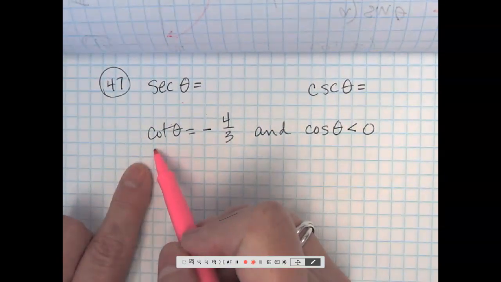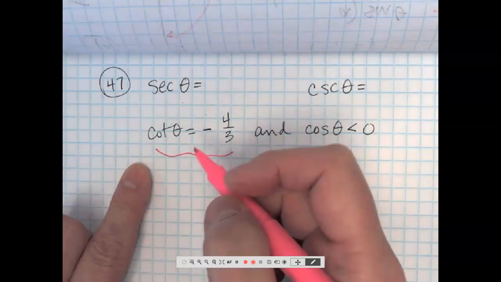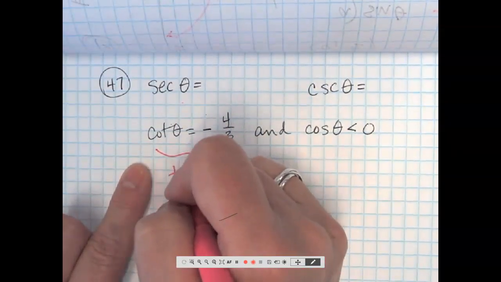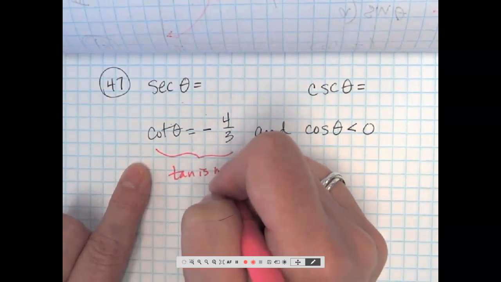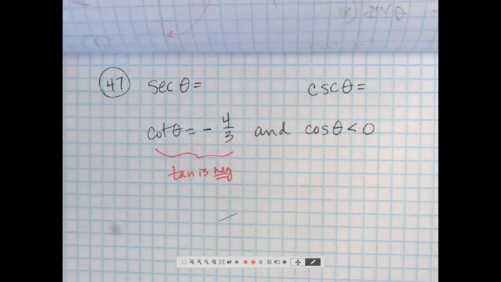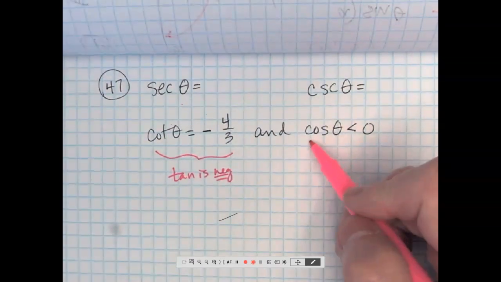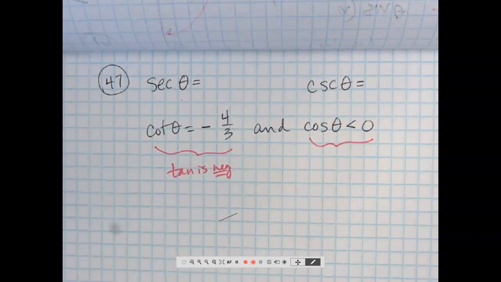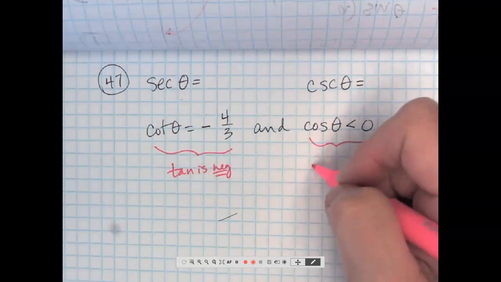If cotangent is negative, that means that tangent is also negative. So tangent is negative. Right? The reciprocals will have the same signs. So if cotangent's negative, so is tangent. What does this mean right here? Cosine less than 0. Cosine is negative.